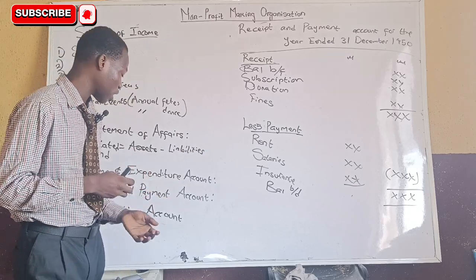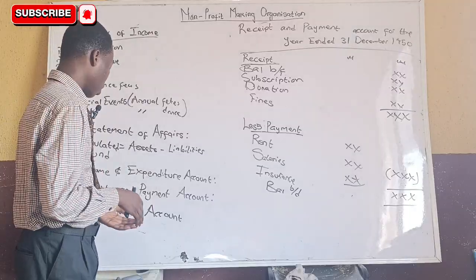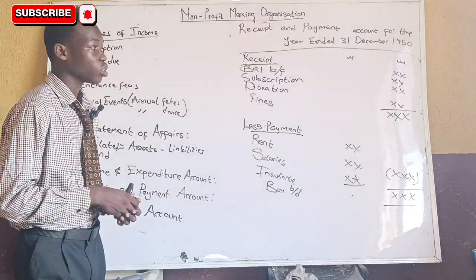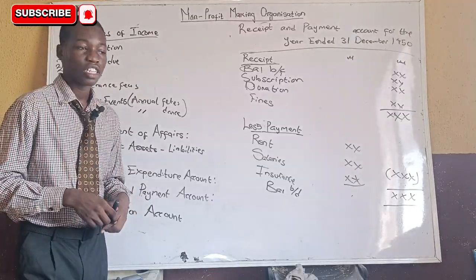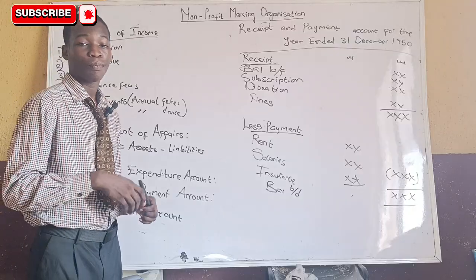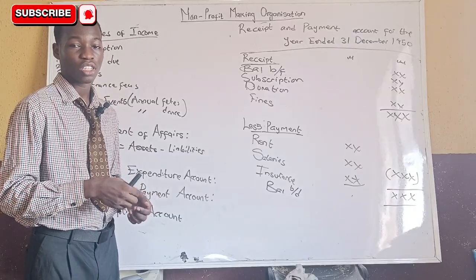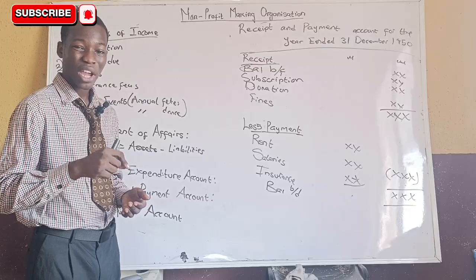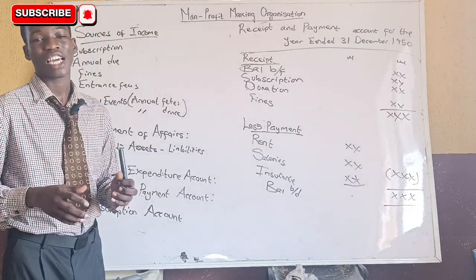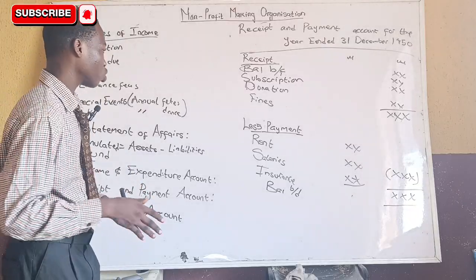So the amount contributed in a fixed period of time is known as subscription. Sometimes the member can prepay, that is, pay in advance, and sometimes the member may be owing, may not pay as at when due. Now we are going to look at that and how to make some necessary adjustments.